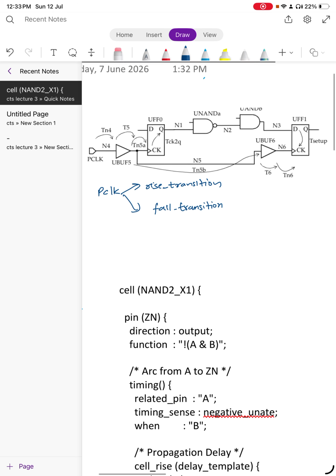Okay, so here this UFF0 is a rising edge triggered flop, so this will have a rising edge, and if we backtrace, because this ubuff5 is a buffer, so it is a positive unit. So of course, if input is rising, the output is rising, or if output is rising, then input is also rising.